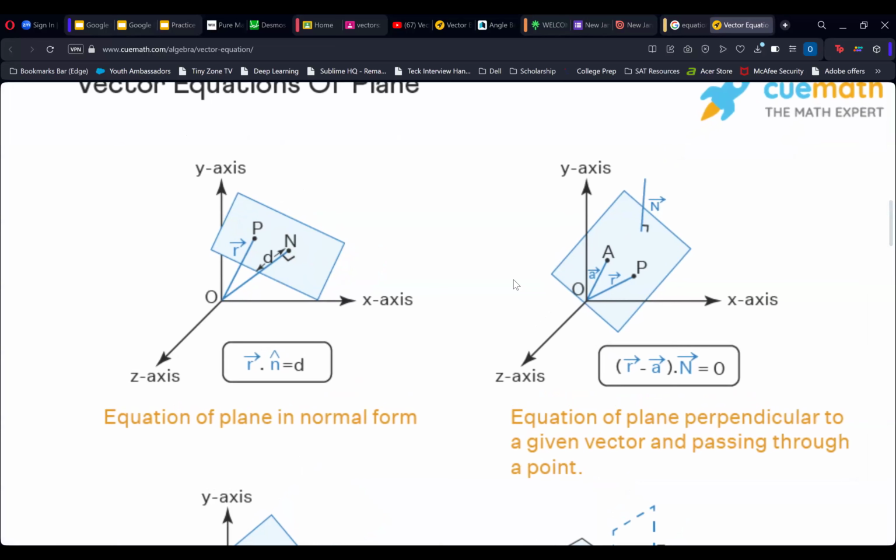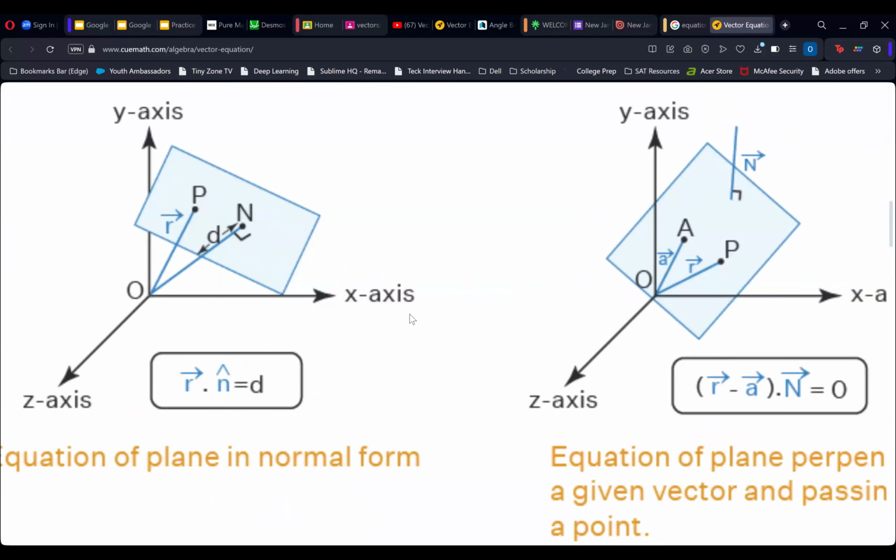there are multiple ways to define a vector, similar to how you have multiple ways to define a plane. It's like how you have different ways to define a line, where you can have y equals mx plus c, or you can write it as y minus yp equals m times x minus xp. You can write the plane in multiple ways.